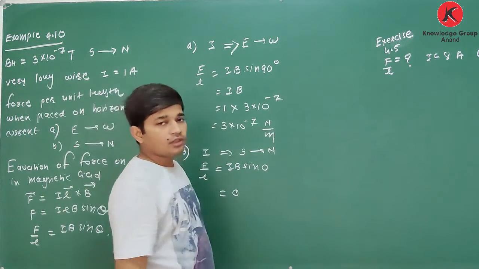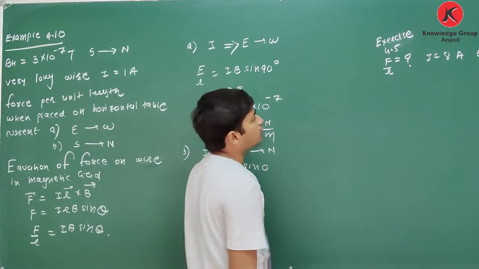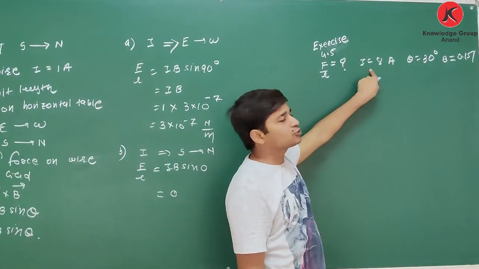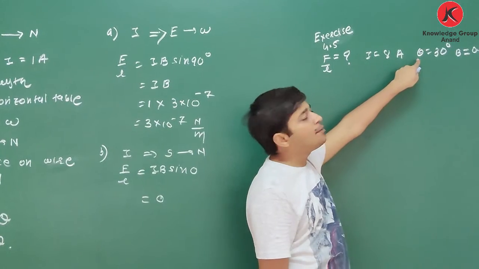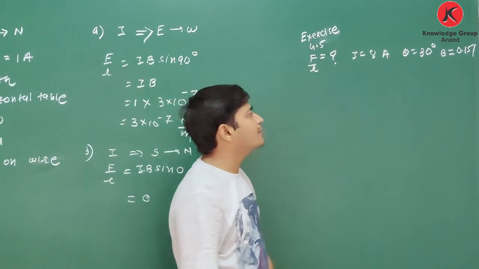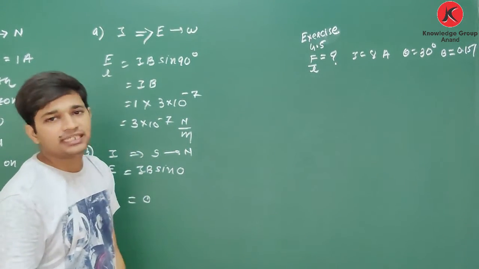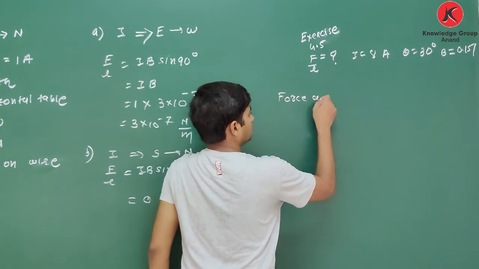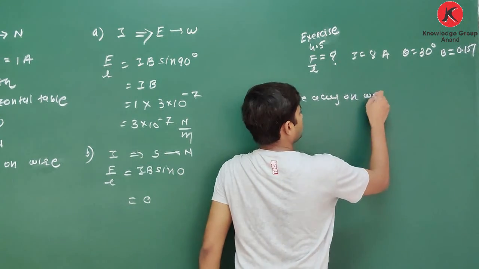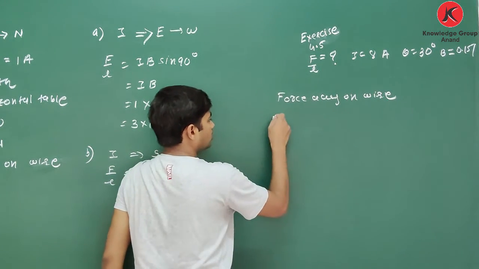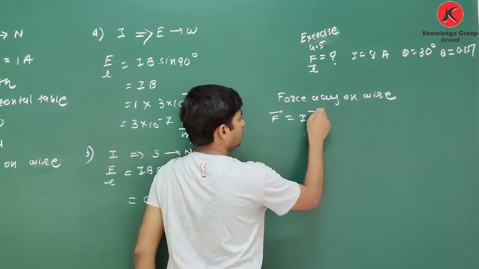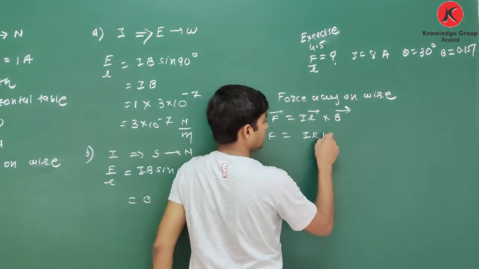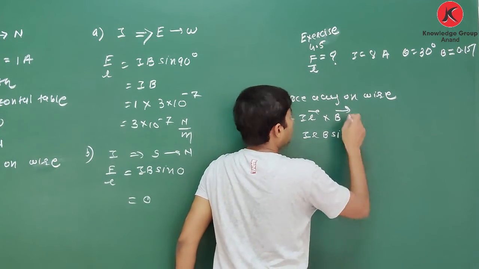Next question. Exercise 4.5. Find the force per unit length on a straight wire carrying current 8 ampere, placed at an angle theta equal to 30 degrees with magnetic field B equal to 0.15 Tesla. Simple question. Force acting on the wire F is equal to I L cross B. Its magnitude F is equal to ILB sin theta.